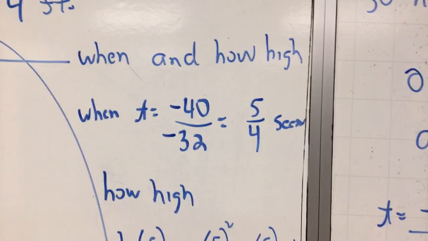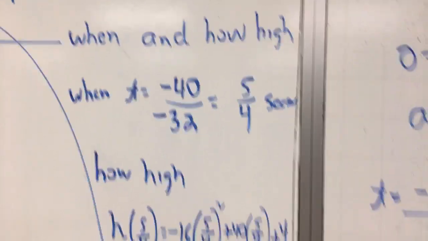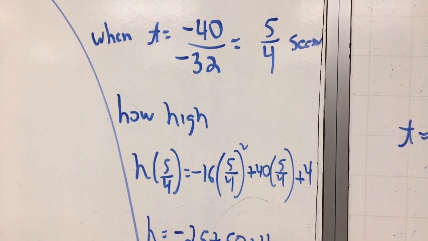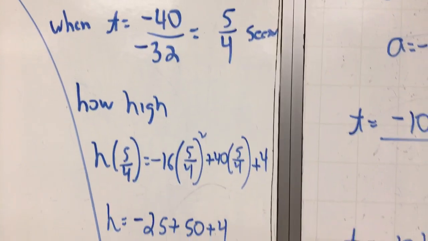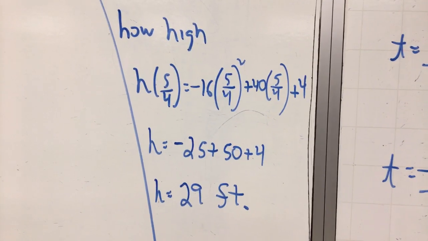I use negative b over 2a, and the when is 5/4 seconds. How high? You take the when and you plug it in. So h of 5/4, everywhere you see a t, you put 5/4, and you will find that the height is 29 feet.